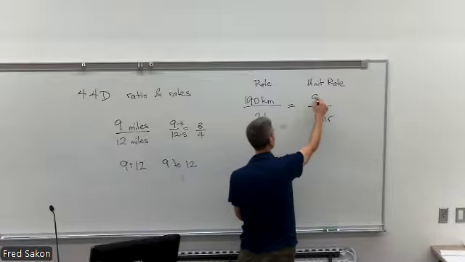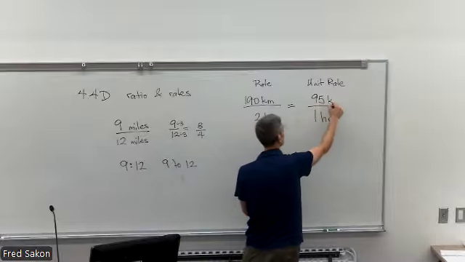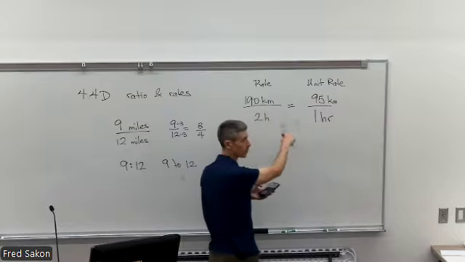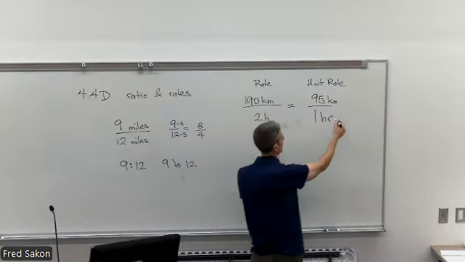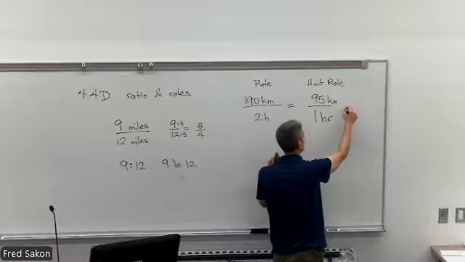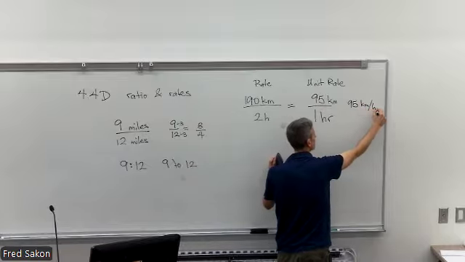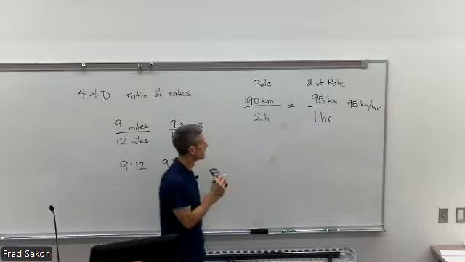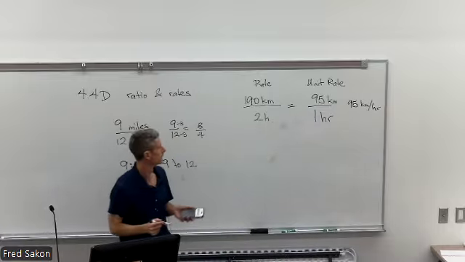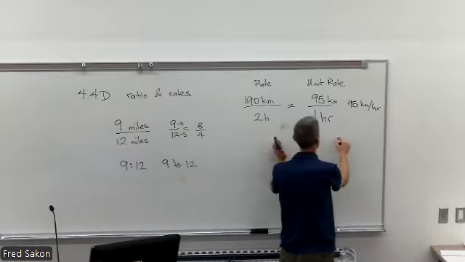So 95 kilometers every 1 hour. And you might also see unit rate reported like this, 95 kilometers per hour, or written out even, 95 kilometers per hour.